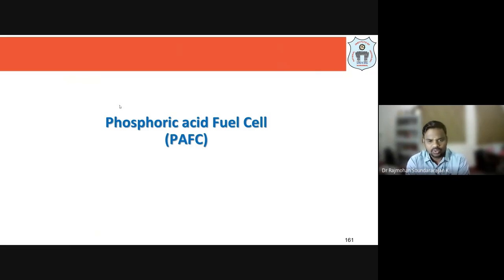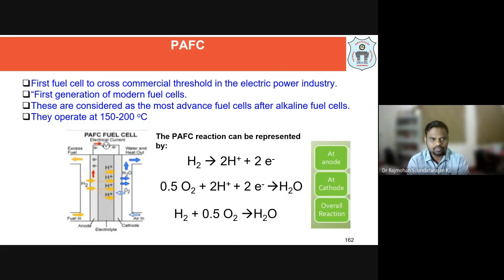To start with, we'll discuss the phosphoric acid fuel cells. The reason I am starting with the phosphoric acid fuel cell is that it is the first type of fuel cell to become commercially available, which has crossed all the obstacles and become commercially available in the electric power industry.